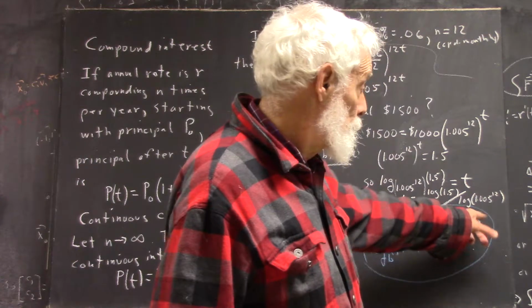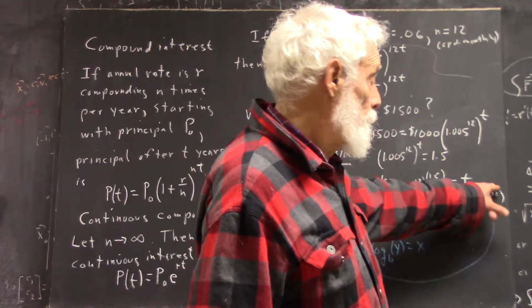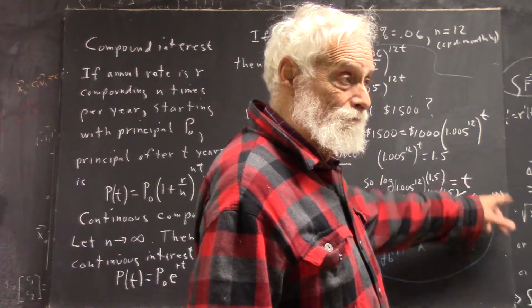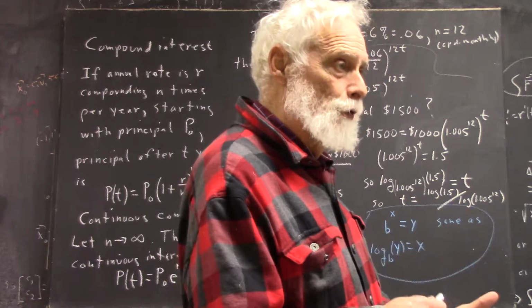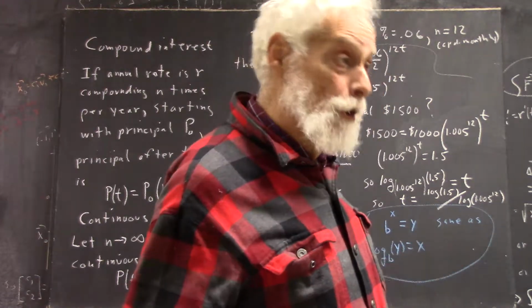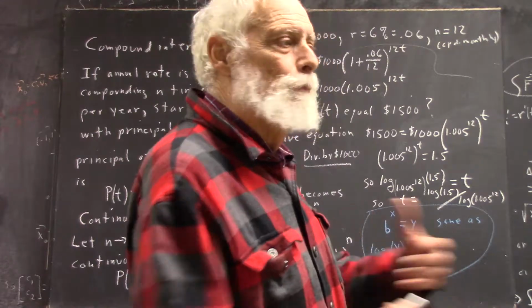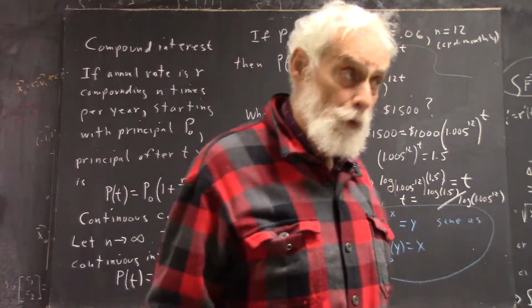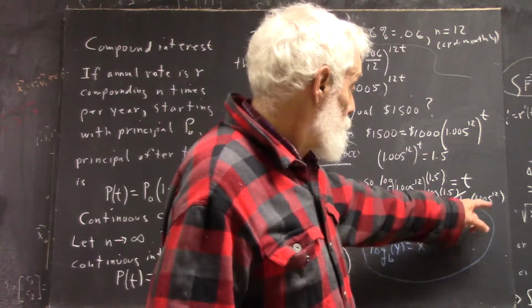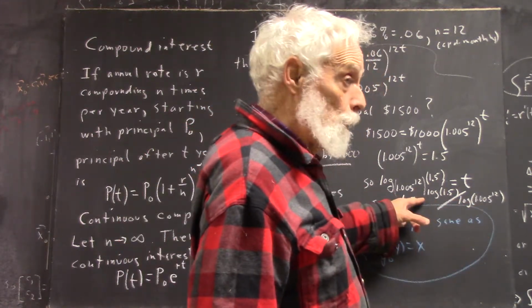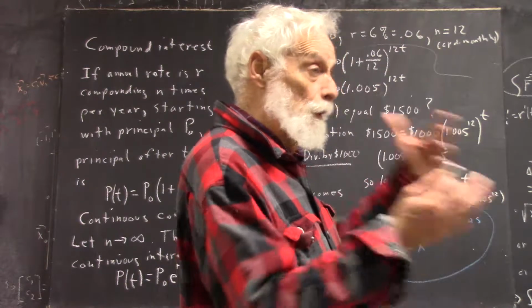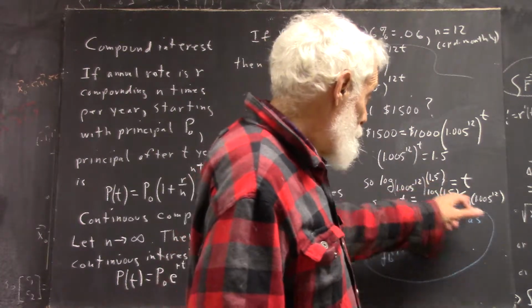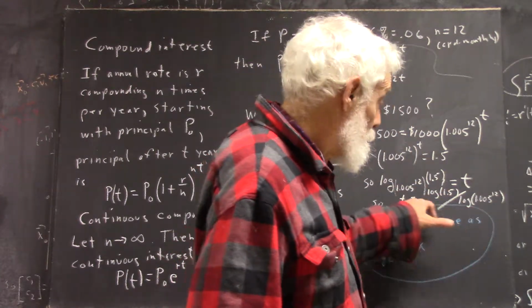Now just go to your calculator, do 1.005 to the 12th, whatever that is, then hit the log. That'll tell you what the log is, okay? Or maybe the notation of your calculator says you put the log in first and then this, and use the parentheses carefully. But you get this number, and then you take the log of 1.5 using your calculator and divide, and that'll tell you how long.